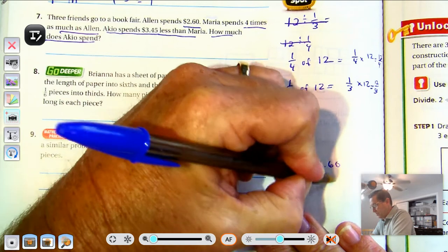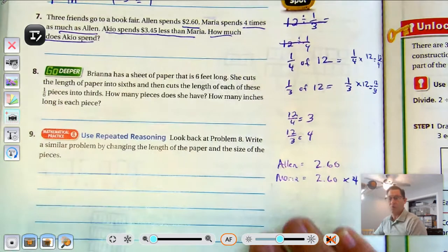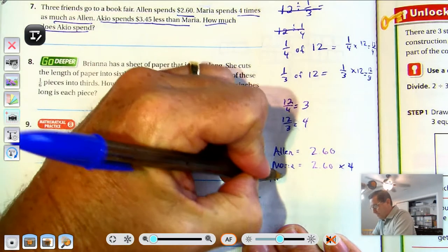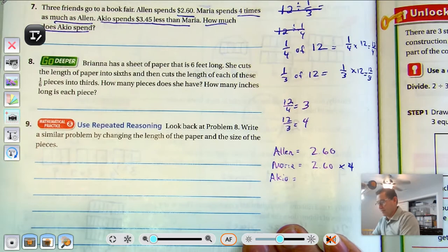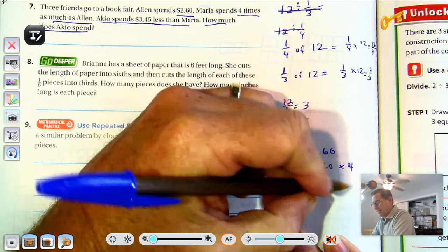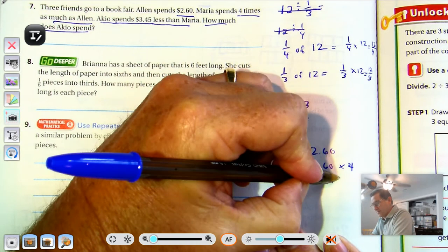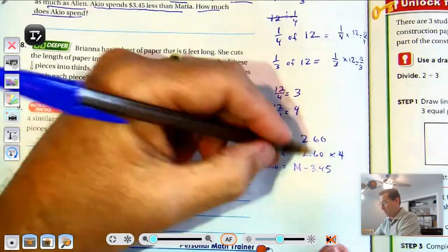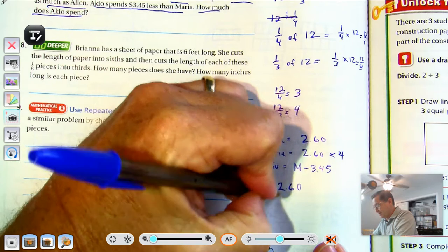So she's going to go $2.60 times 4. And Akio is $3.45 less than Maria. So Maria minus $3.45. All right. Well, let's figure out how much 4 times $2.60 is.